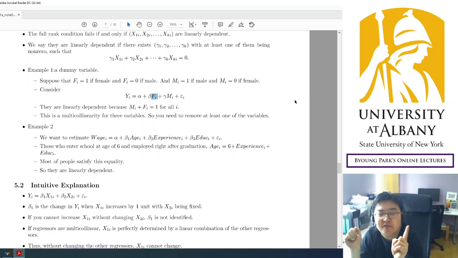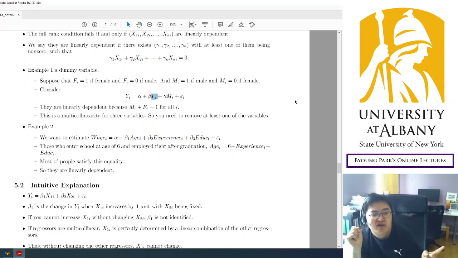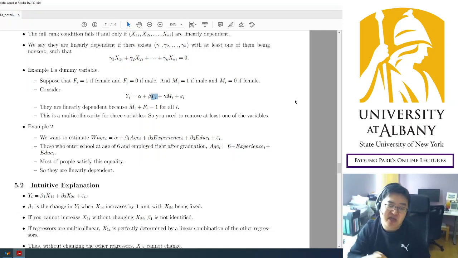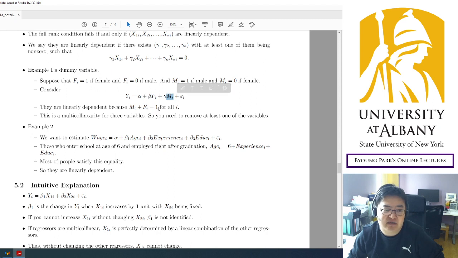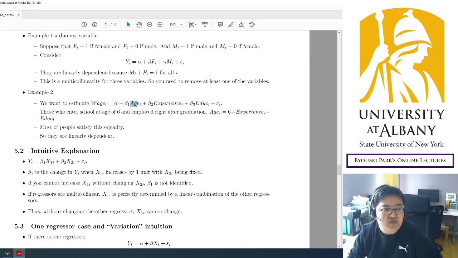For that to be possible, you have to have someone whose value is F equals 0, M equals 0. That is not possible. In the data, you don't see those kind of people at all. So in this case, beta and gamma are not identified. And similarly, say you are interested in beta 3, you want to change the education without changing age and experience.